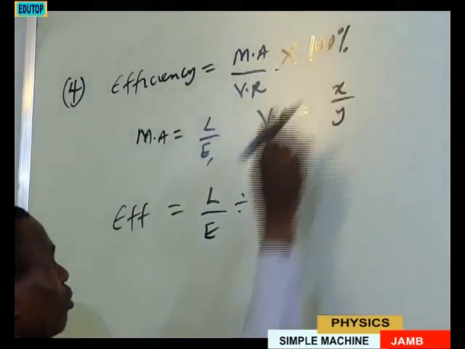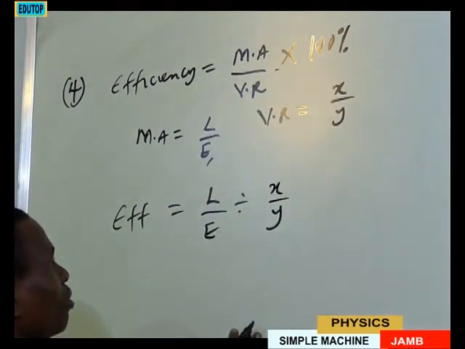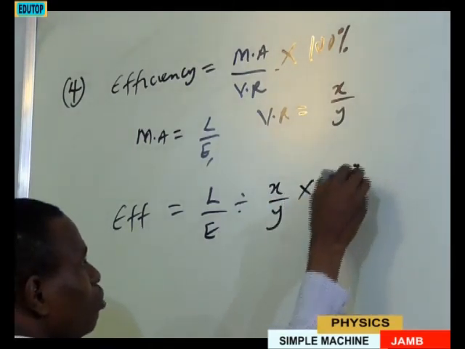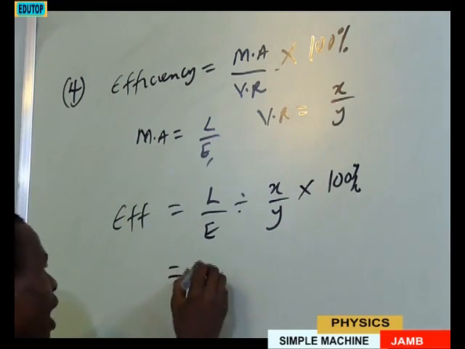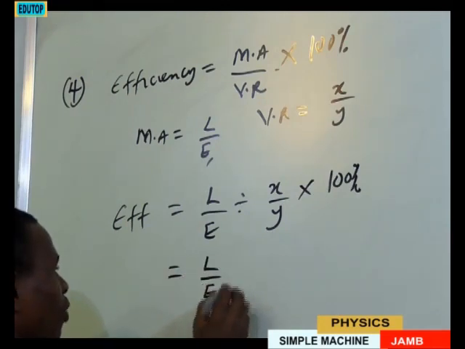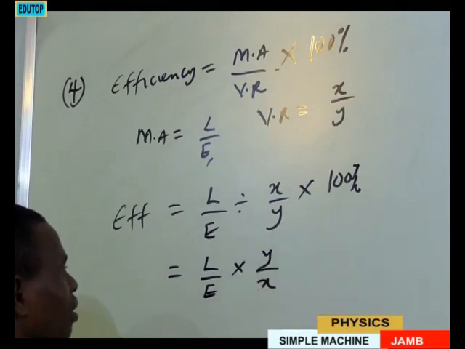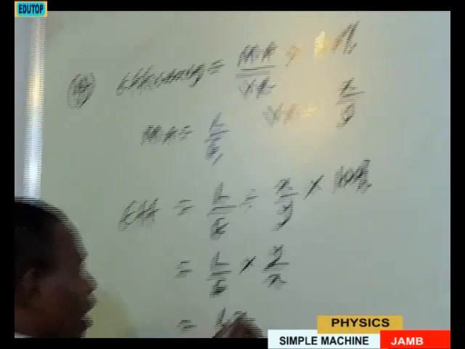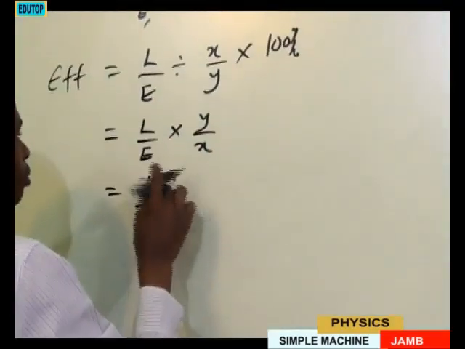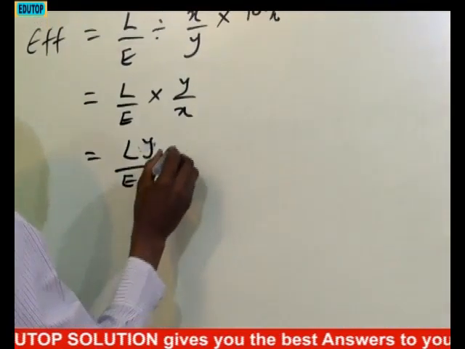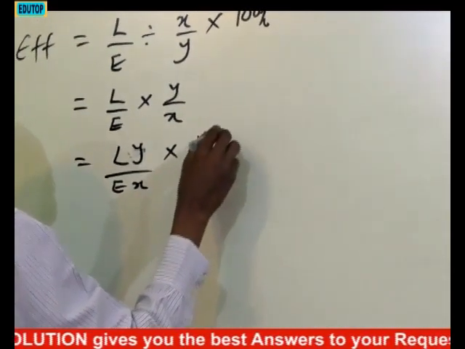Velocity ratio, which is x over y, times 100%. We are going to have L over E times y over x. So what I'm going to have is Ly over Ex times 100%.